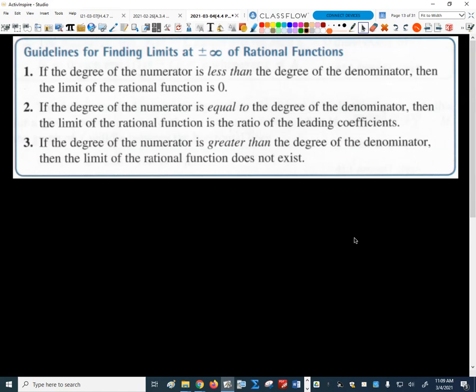If the degrees of the numerator and the denominator are the same, then the limit is equal to the ratio of the leading coefficients. And finally, if the degree of the numerator is greater than the degree of the denominator, so the top polynomial is more powerful than the bottom polynomial, there are no horizontal asymptotes.